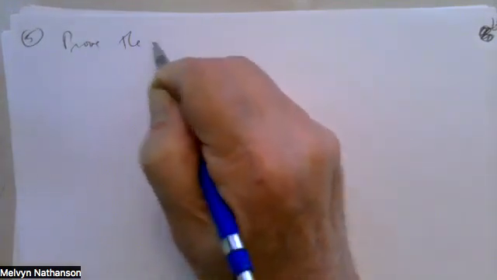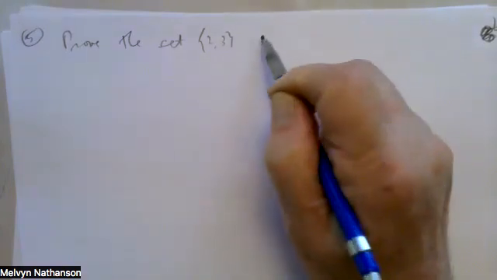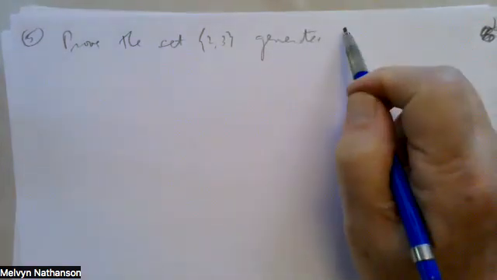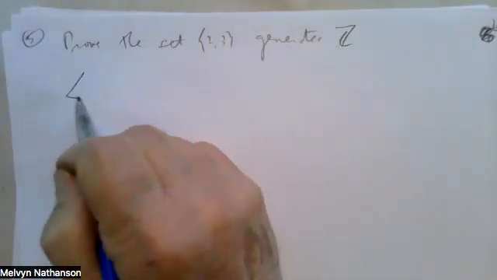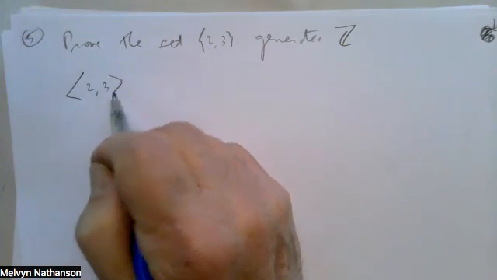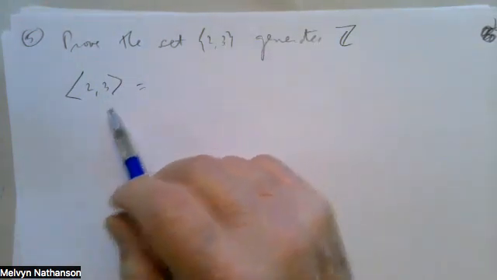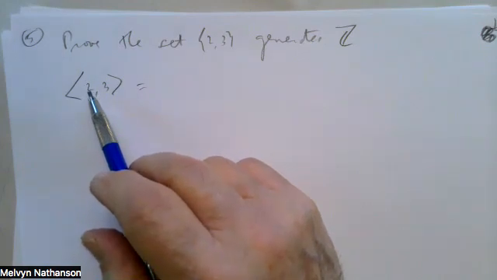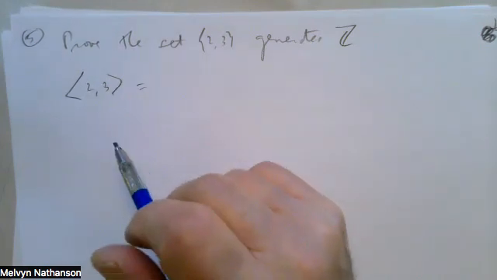Number 5. We want to prove the set {2, 3} generates the additive group Z. So the subgroup generated by 2 and 3 is everything you can get by looking at all sums of multiples of 2 and multiples of 3.